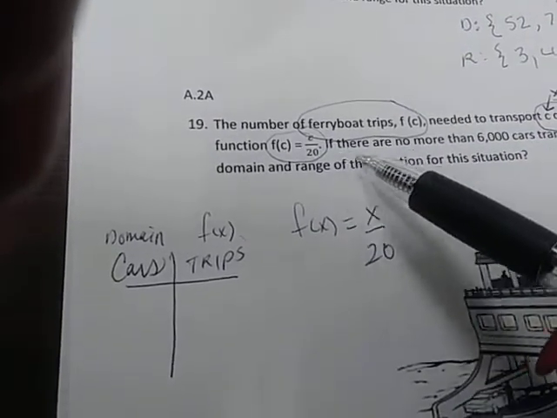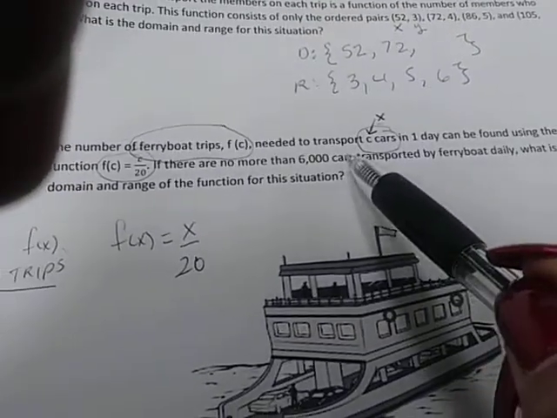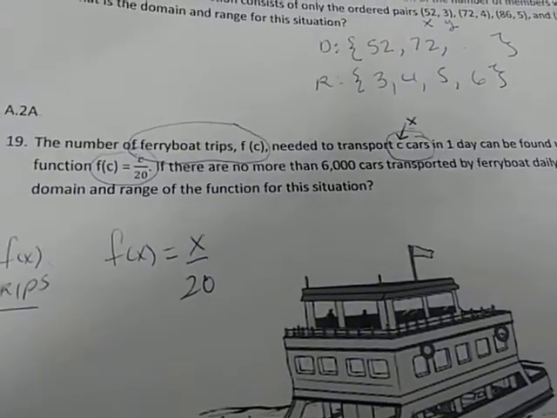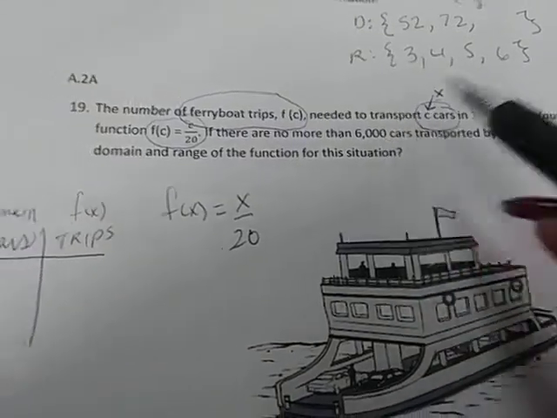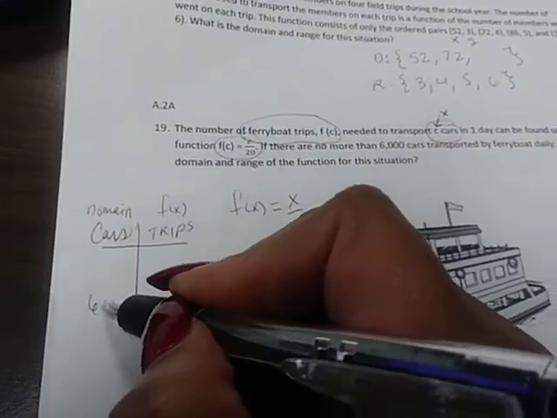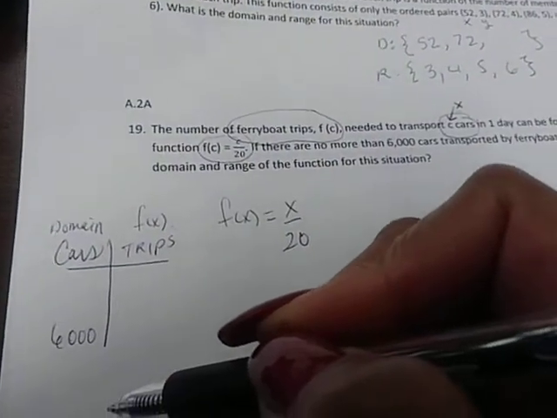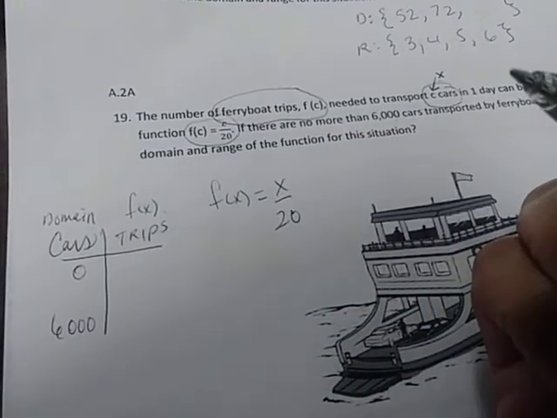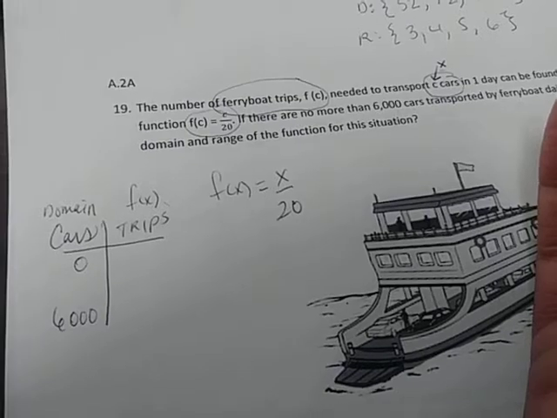Now it says if there are no more than 6,000 cars, that means I'm giving you the maximum domain. So of course I started with 0. There were no cars.